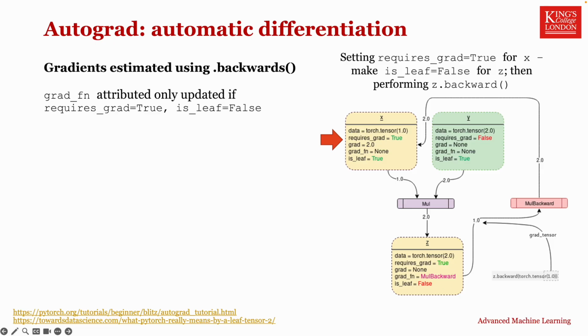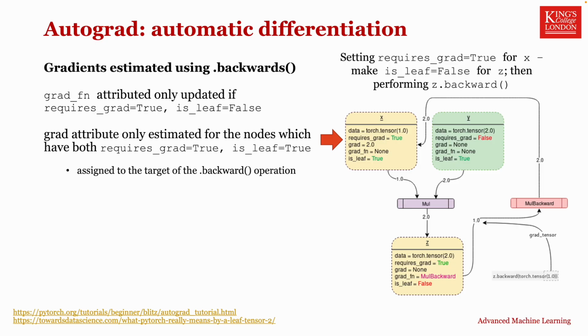Next, when the user specifies a backward pass during training using .backward, the graph updates the gradients only for those for which requires_grad equals true and is_leaf equals true.